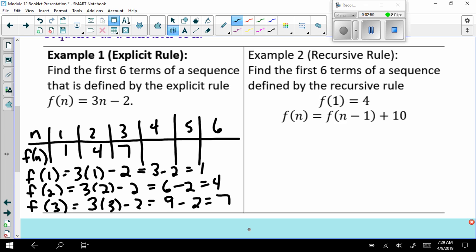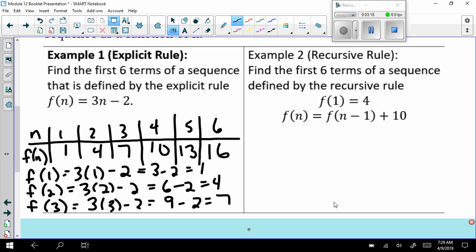See that we're adding 3 each time? 1 plus 3 is 4, 4 plus 3 is 7. I'm going to use that pattern instead of continuing to plug in. I could plug in, I just thought the pattern would be easier. So f of 4 would be 3 times 4 is 12, minus 2 is 10. f of 5 would be 3 times 5 is 15, minus 2 is 13. f of 6 would be 3 times 6 is 18, minus 2 is 16.